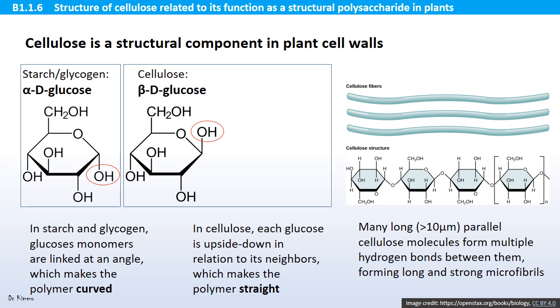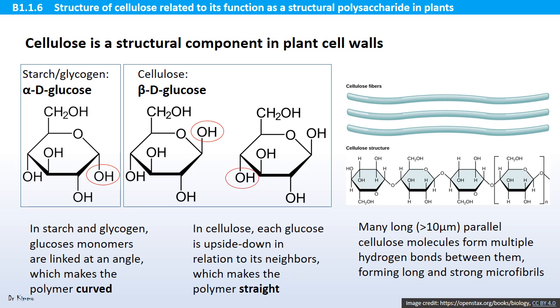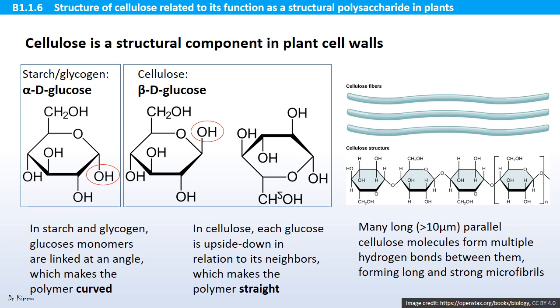Imagine that we put two beta-D-glucose molecules adjacent to each other. Then the hydroxyl group on carbon 1 on one molecule and the hydroxyl group on carbon 4 on another molecule are too far apart, and they cannot link together. However, if we turn one of the glucose molecules upside down, then the hydroxyl groups will be close enough and they can link together.